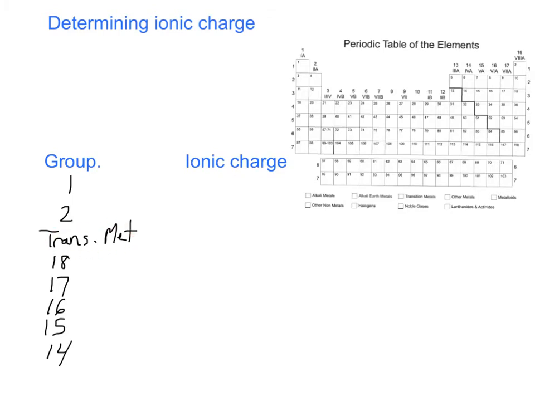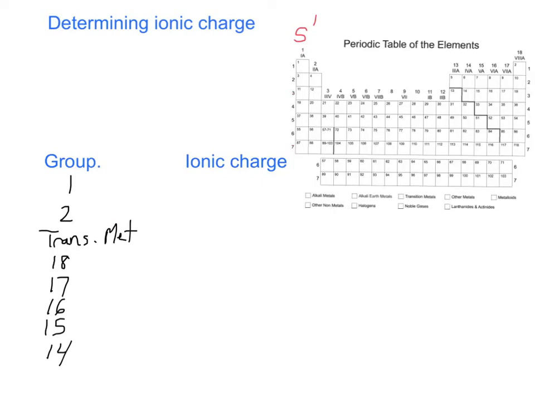The first one we're looking at is the first column of the periodic table, known as the alkali metals. They have a ground state electron configuration that ends in s1. So they want to get to their closest noble gas. Instead of gaining 7 electrons, once again, metals like to lose electrons.